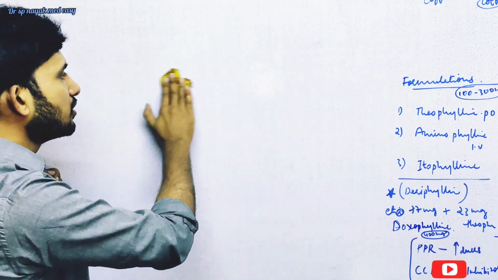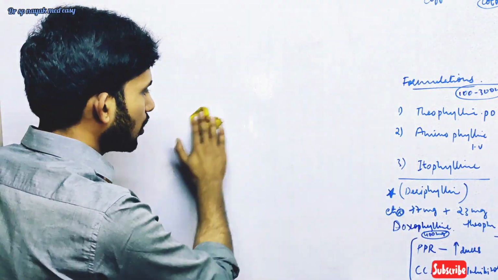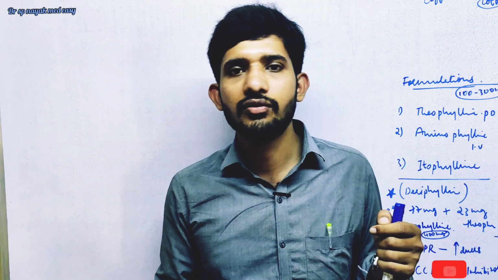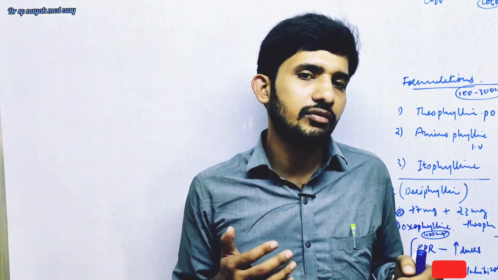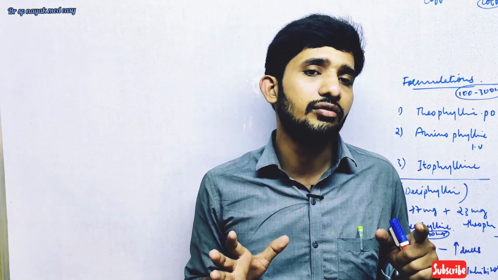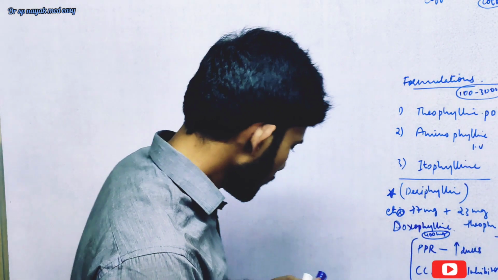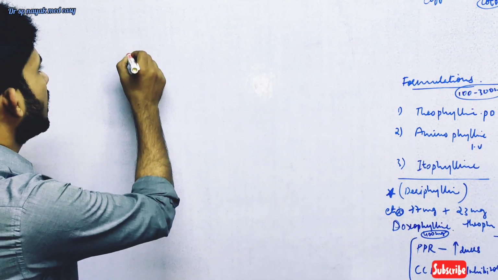Actually, first and second line drugs we have are beta agonists like salbutamol, salmeterol, and we have some anticholinergic drugs, and we also have corticosteroids which are very effective in acute asthma conditions. Okay, so now let us see the drug interactions of methylxanthines.